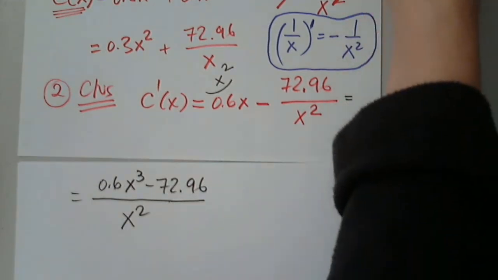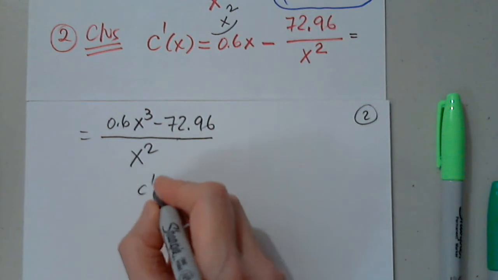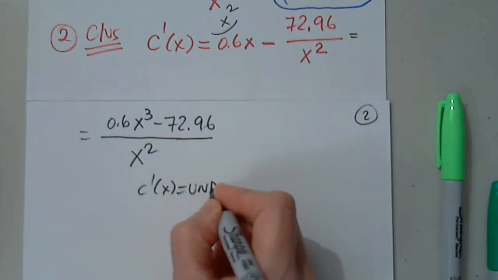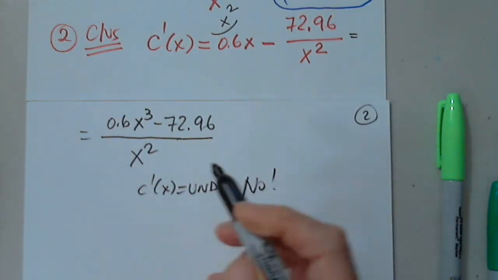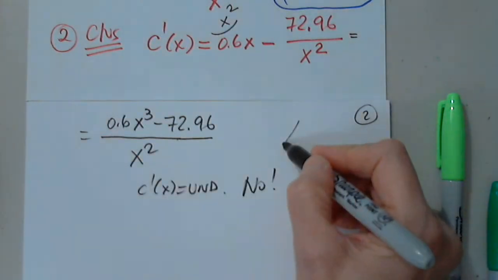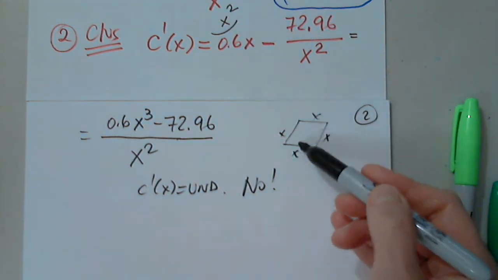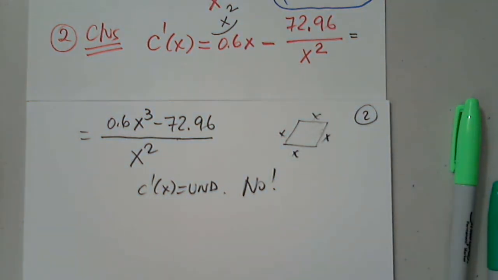So we know critical numbers come from two possible sources. One possible source is C prime of x being undefined. No, because x cannot be 0. x is the distance. It's the length of the base of the square. So it cannot be undefined. x cannot be 0.